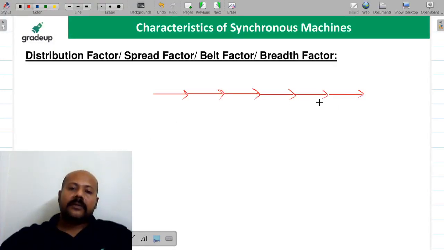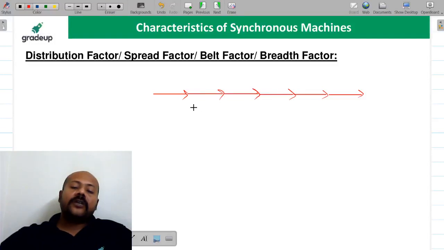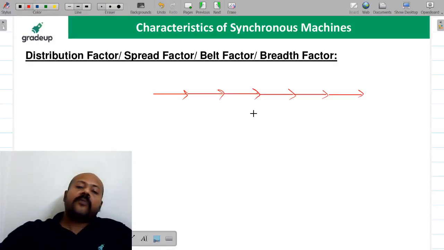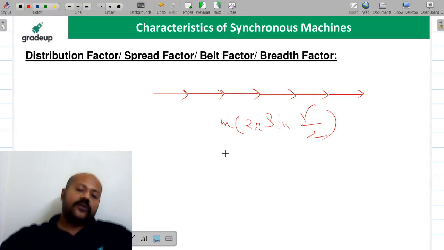Yes or no? I hope you are getting this. And it is going to be how much? You tell me. Number of slots per pole per phase, m. So it is going to be m multiplied by 2R sin gamma by 2. I hope it is clear to all of you.